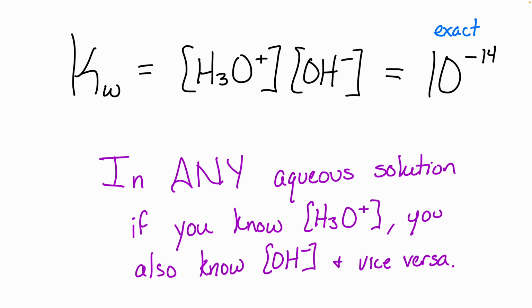In every aqueous solution, the product of those two concentrations has to equal that magic number, 10 to the negative 14. So if at any point you know what one of them is, you can figure out what the other one is as well. They're always linked together.